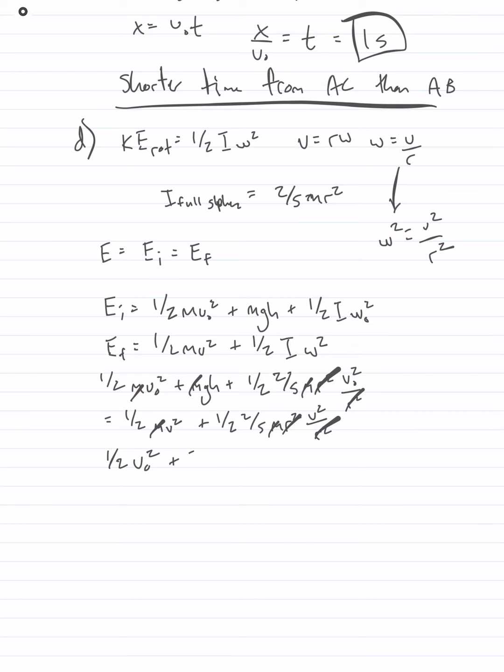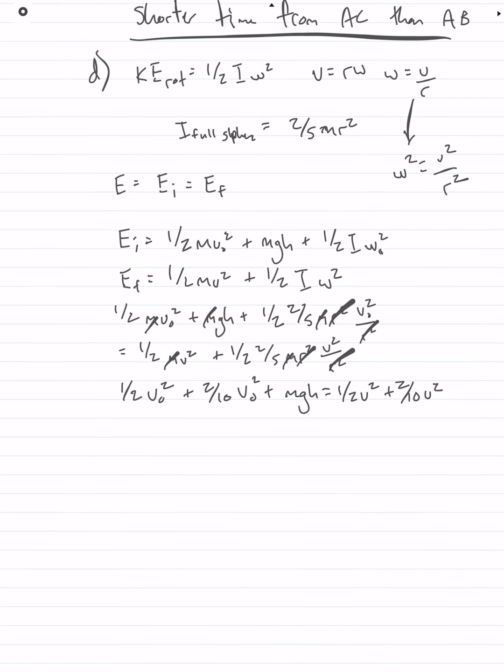Let's just make that 2/10 immediately, times v0 squared, plus mgh, is going to be equal to 1/2 v squared plus 2/10 v squared.